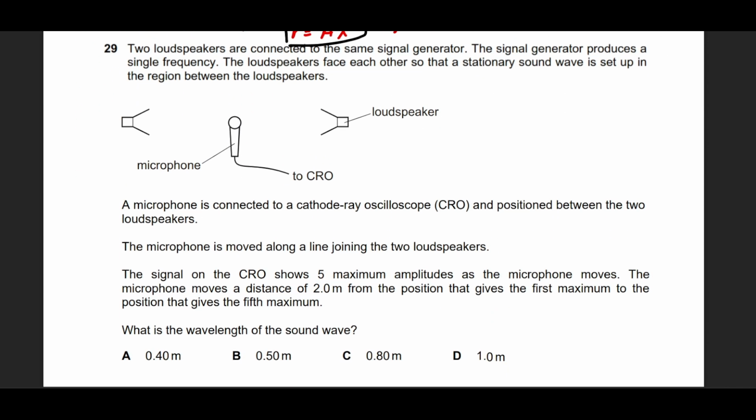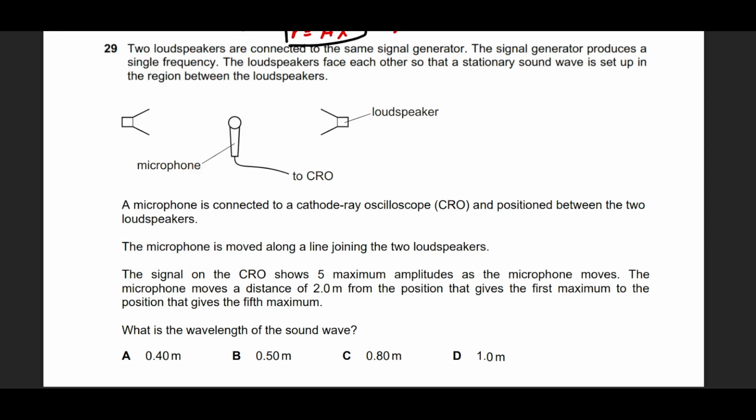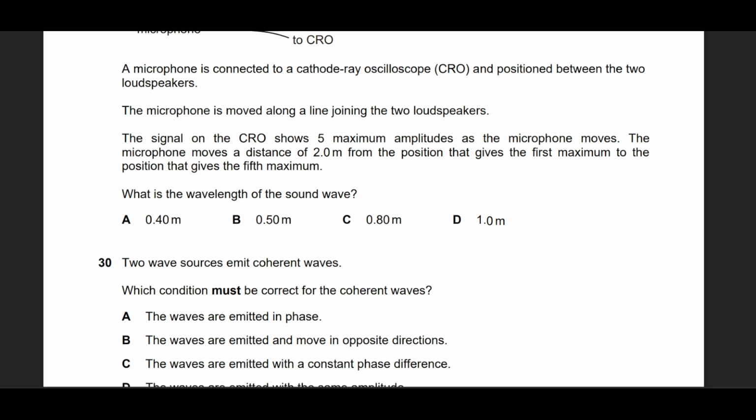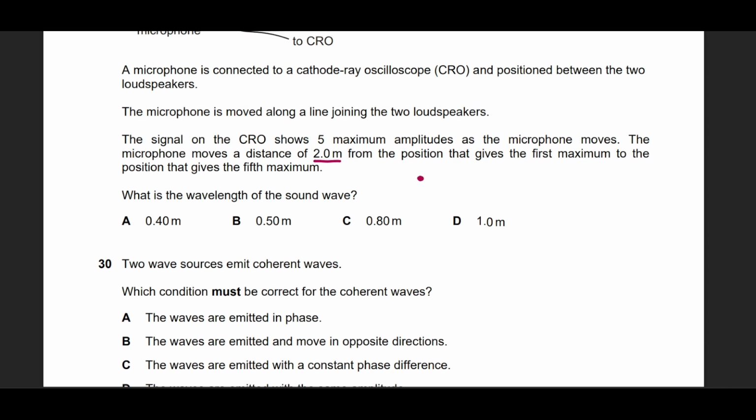Question number 29, two sources setting up a stationary wave. At the center, he says that the 5 maximum amplitudes the microphone moves through are at a distance of 2 meters. So what do the 5 maxima look like? In the stationary wave, this is the antinode, this is the node, then the second maximum, the third maximum, the fourth maximum, and then the fifth maximum.